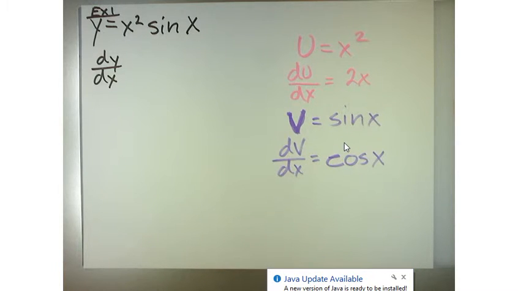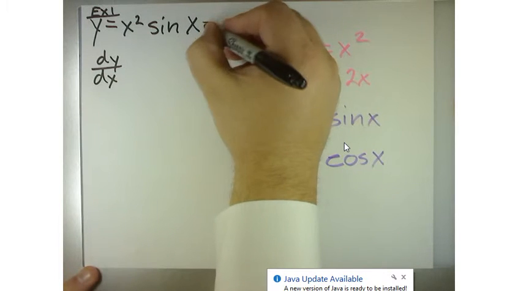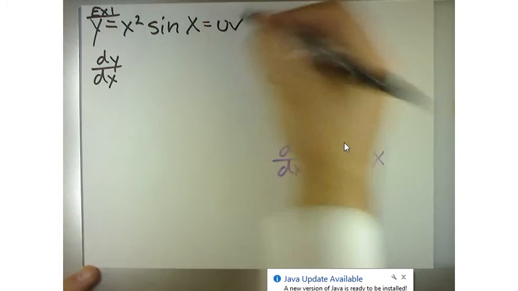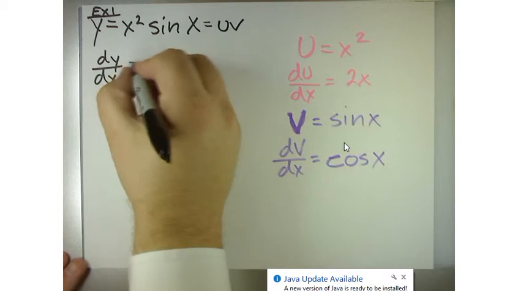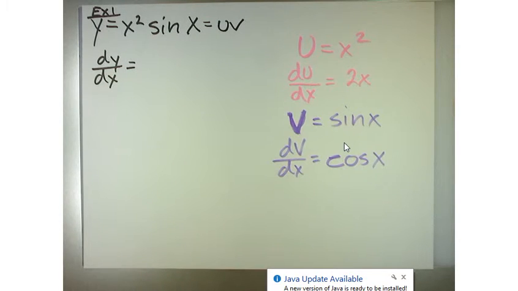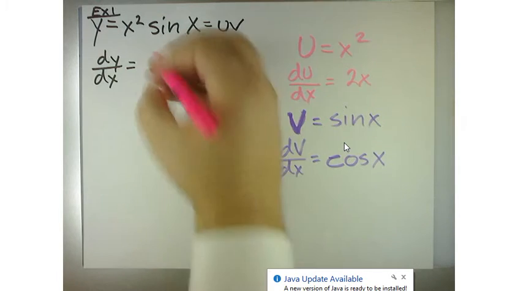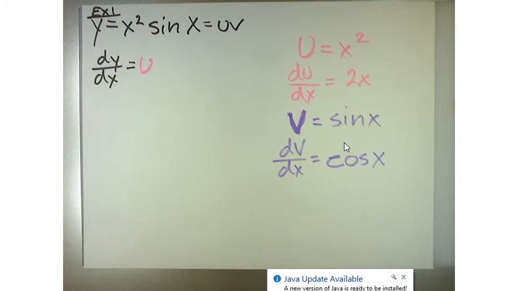Now if this is uv, then the derivative is equal to what? It's u v prime. Very good. Keep going. Plus v times u prime.